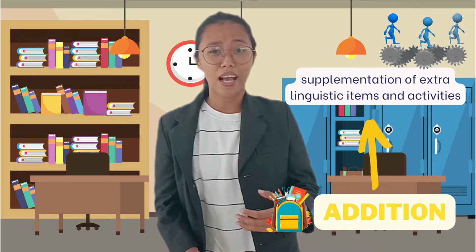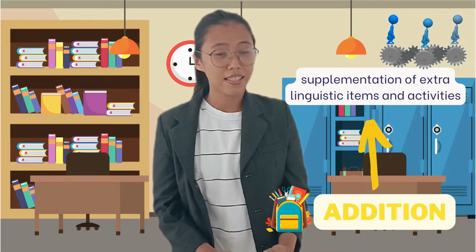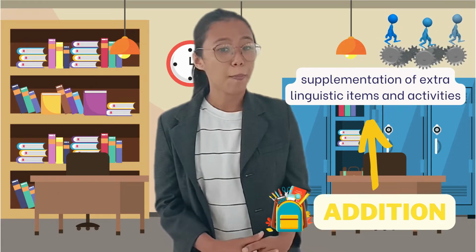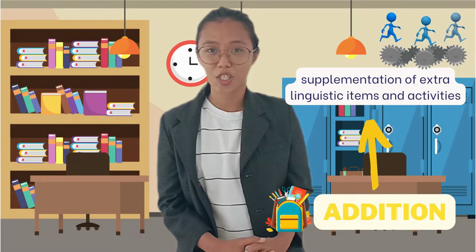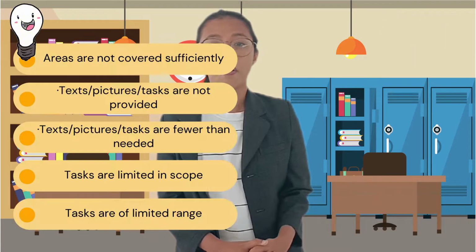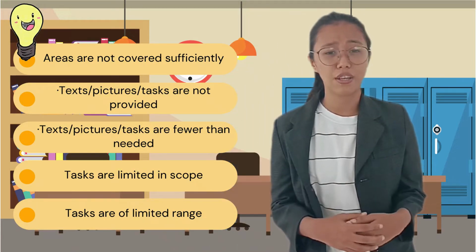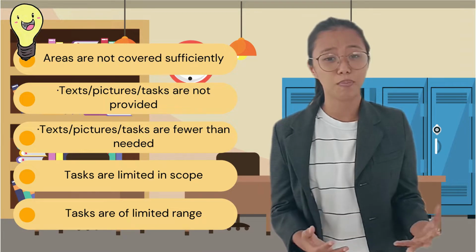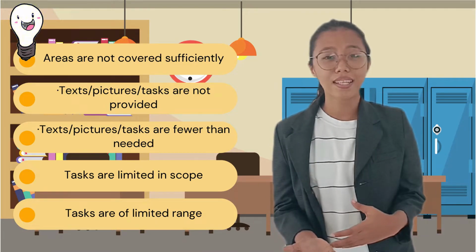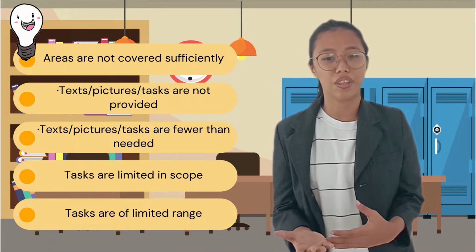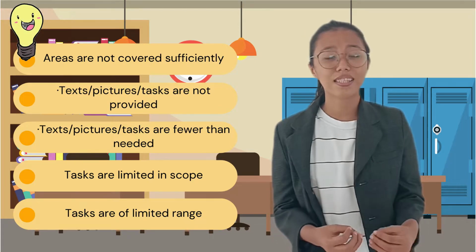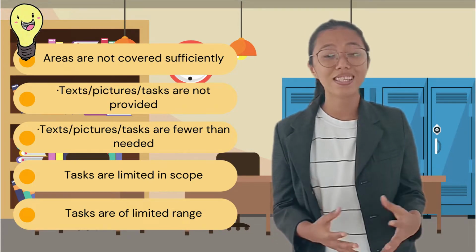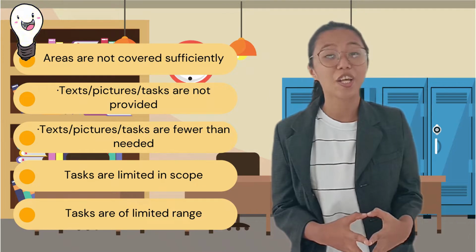Addition of the extra materials is necessary, applicable, appropriate when the following situations are faced. First, areas are not covered sufficiently. Second, texts, pictures, tasks are not provided. Next, texts, pictures, tasks are fewer than needed. Next, tasks are limited in scope. And then last, tasks are of limited range.